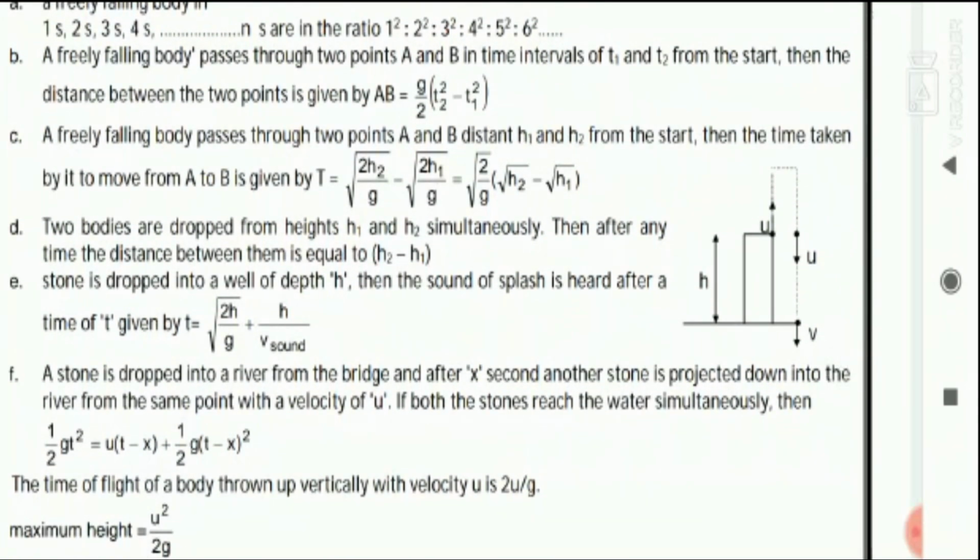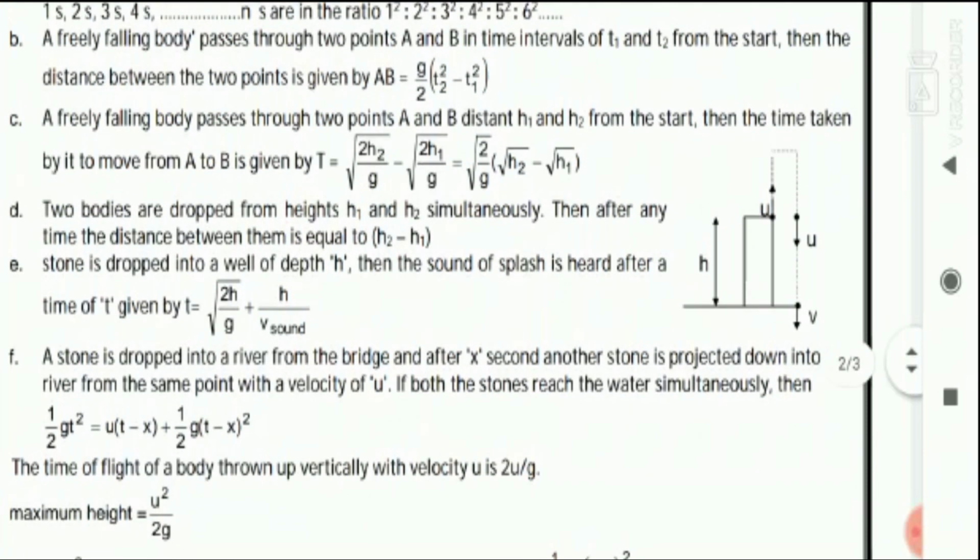Similarly, a freely falling body passes 2 points A and B. Instead of time, heights or distances are given. A freely falling body passes through 2 points A and B, distant h1 and h2 from the start.